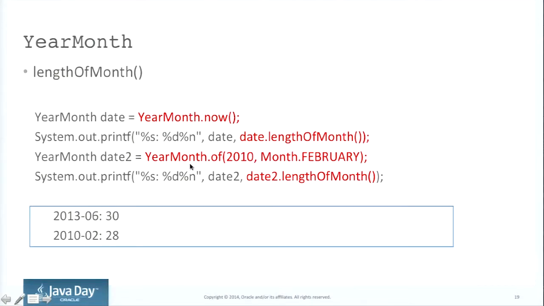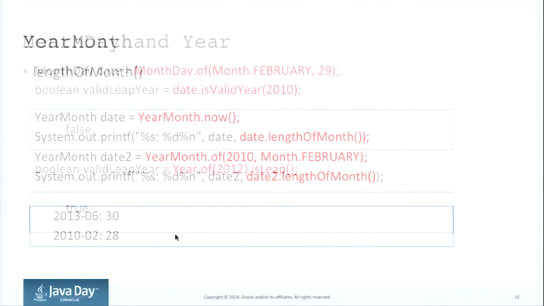You can create a month using February of a particular year, for example. So what it basically did here is, remember how February has different days? It's telling you, in this year, February has 30 days. In the second, it only has 28.